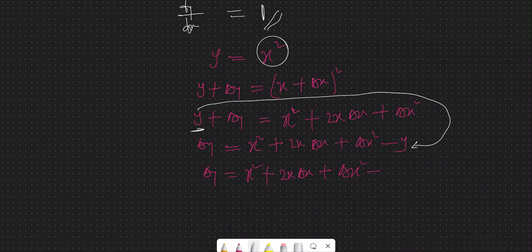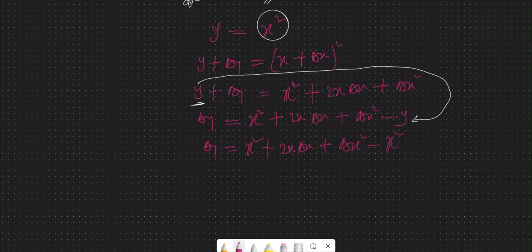So we replace y to be x squared. Okay, so since y equals x squared, we can go ahead to say change in y equals, this x squared cancels this x squared. So we have change in y equals 2x change in x plus change in x squared.